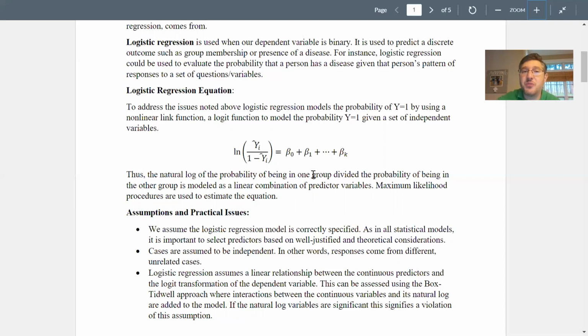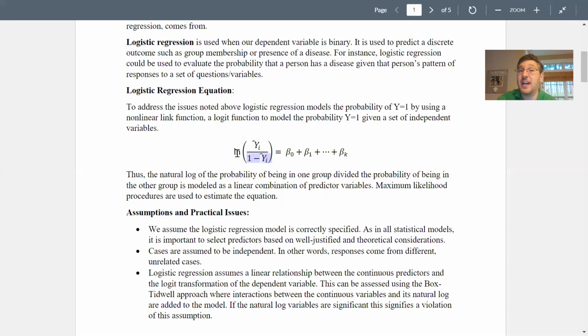So with this equation here, I'm trying to demonstrate this linking function. We're modeling the probability that we're in y equals 1, so we're in group 1, by using a nonlinear logit function to model the probability that you're in group 1 divided by the probability that you're not in that group.